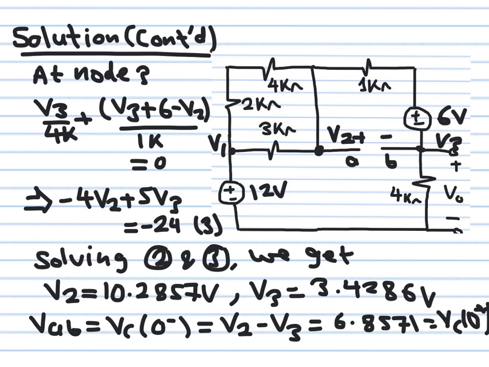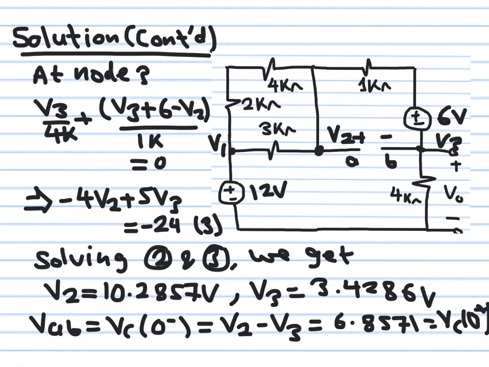So you write KCL as we agreed on the third node, V3 over 4K, this is the current flowing out here, plus V3 plus 6 minus V2 over 1K, this will be equal to 0. If you multiply both sides by 4K and you collect the similar coefficients, this is what you end up having: minus 4V2 plus 5V3 is equal to minus 24.